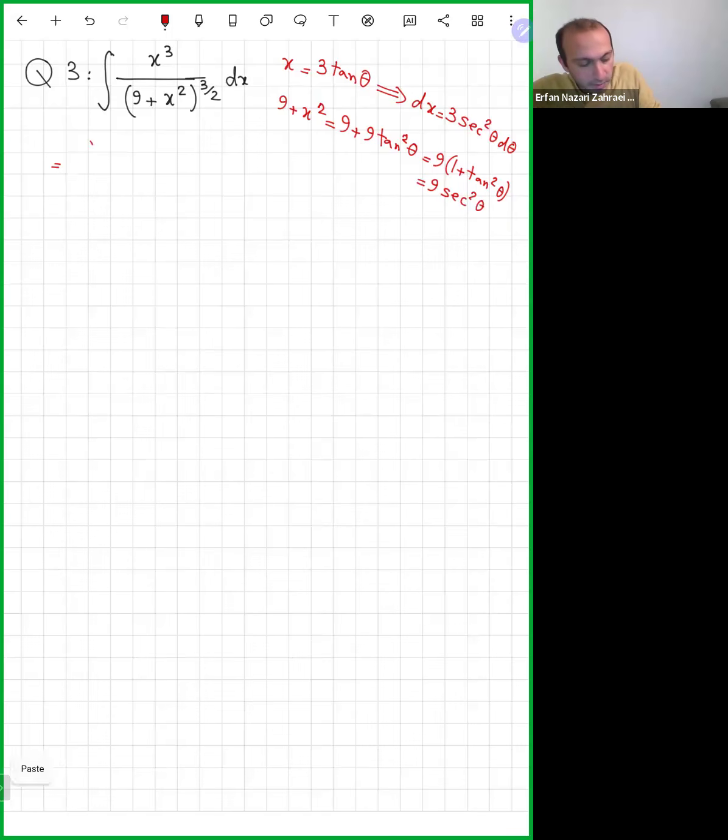So let's do the substitution here. So this part, it's what I computed right now, 9 secant squared theta. The whole thing to the exponent 3/2. I replace this part with 9 secant squared according to this computation.